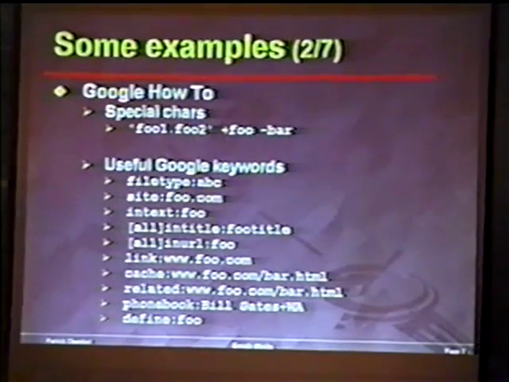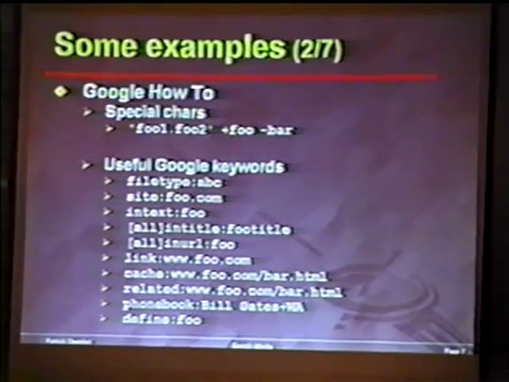Okay, and the other keywords are link, to know which pages are linking to your site, for example, on the site foo.com here. The cache keyword is to get directly to the version of the page that is stored in Google Cache. So you don't have to click on the real page on your target.